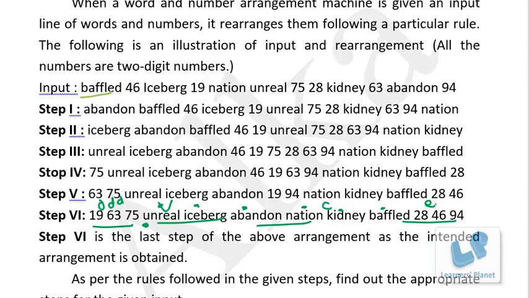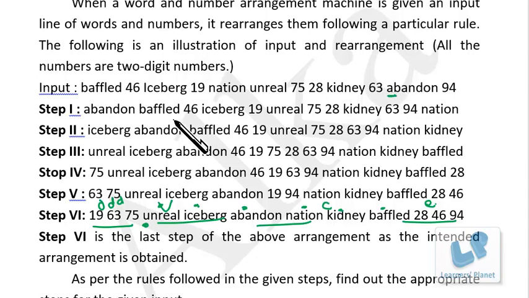So we have this input over here: baffle, 46, iceberg, 19, nation. Now the first change over here is that the word starting from A is coming at the first place, right? So A, then B, then 46 as it is, iceberg as it is, baffle as it is.